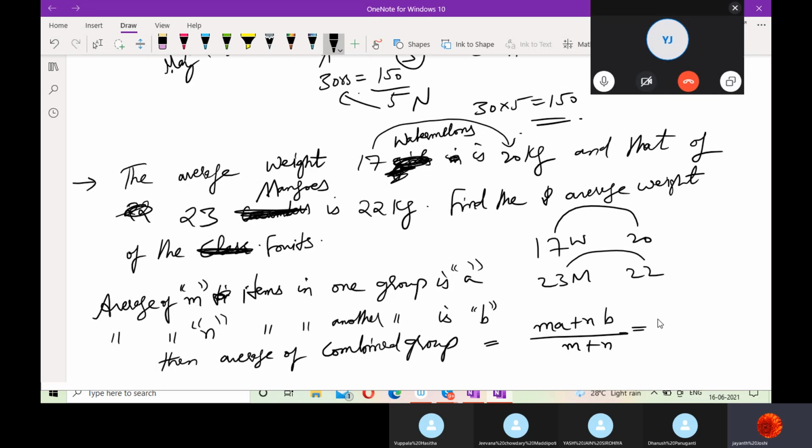So what will we do here? What is your M? 17 into average 20, plus 23 into 22, divided by 17 plus 23.